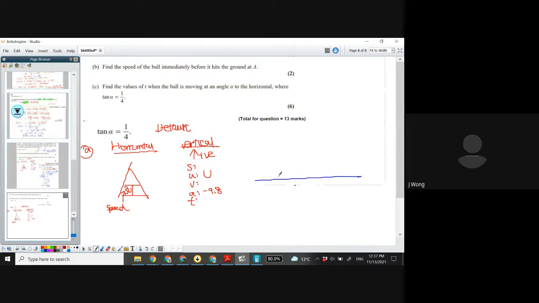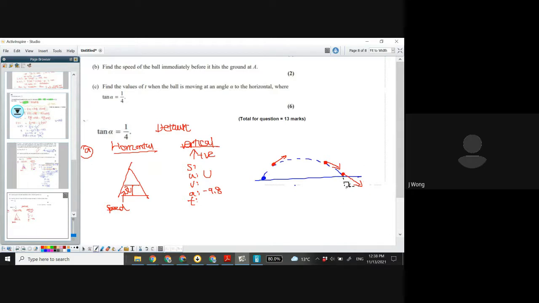Firstly, if I draw the combined speed at any position on this parabola, this is my direction, this is the speed that I'm traveling at, the combined version. Here they want us to find the speed right before it hits the floor, so certainly this is not 0. To find the size of this arrow, I could break it back down into my horizontal and vertical directions.